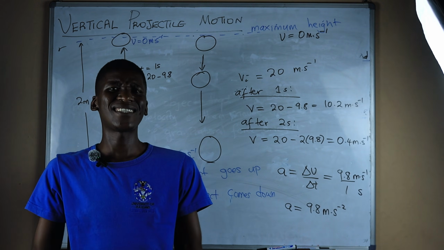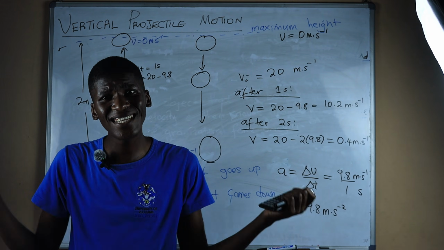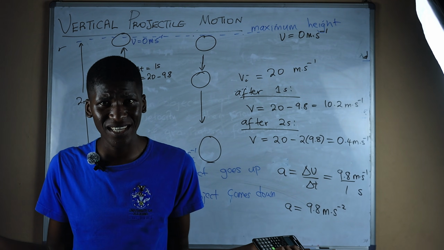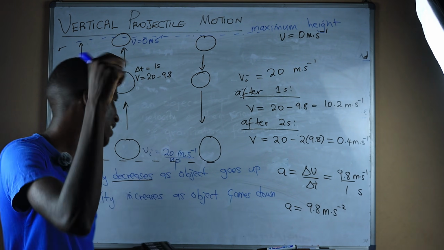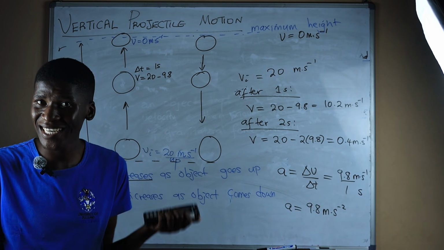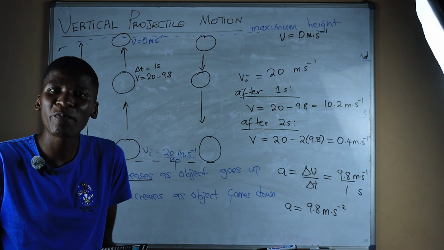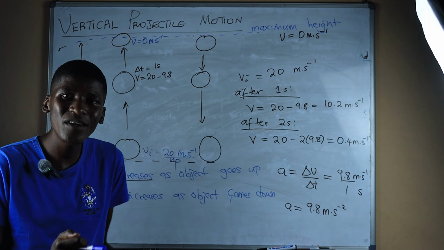By how much does the velocity increase? It increases by the same amount. It's still 9.8 meters per second. So when it comes back down, it will increase by 9.8 meters per second every second. So we can say that the acceleration of projectiles is constant.